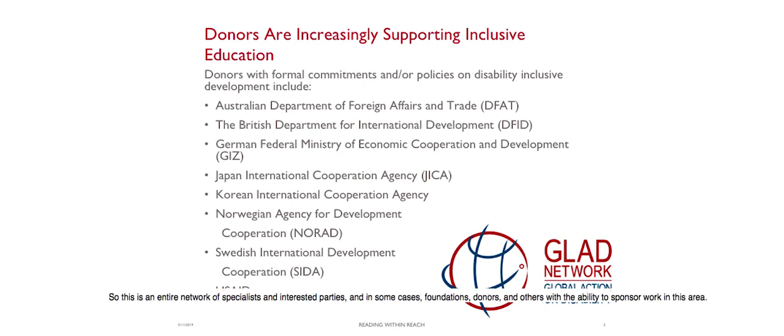So this is an entire network of specialists and interested parties and in some cases, foundations, donors, others with the ability to sponsor work in this area. And so please feel free to jump on their website as well and learn all about them. But they're also helping to push this agenda out into schools and out into programs.